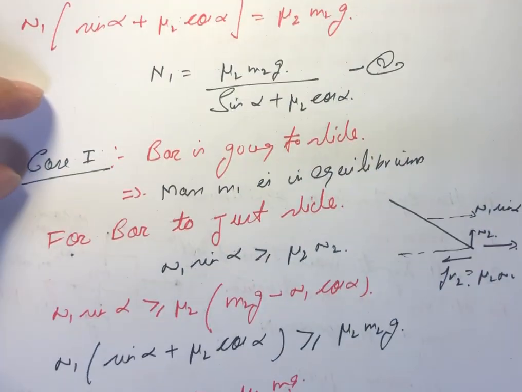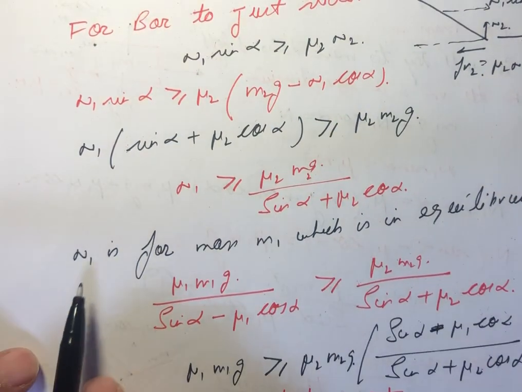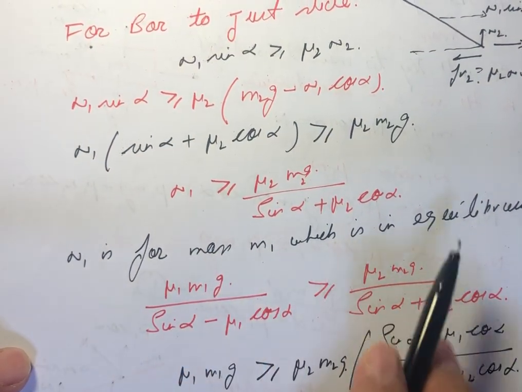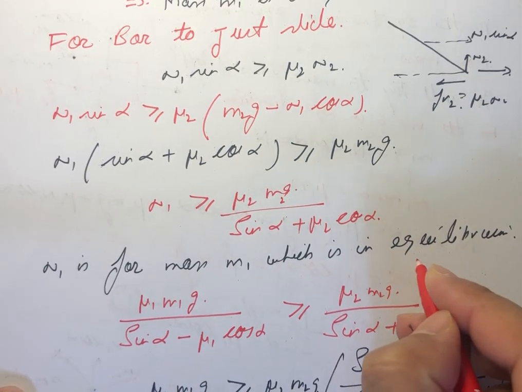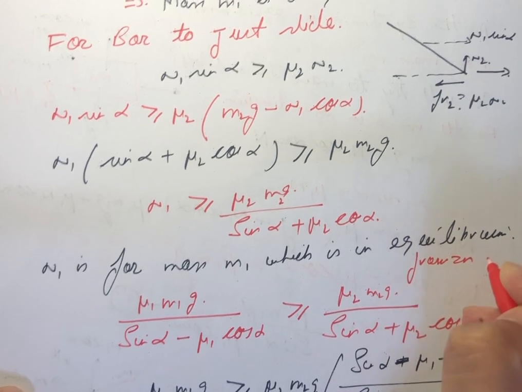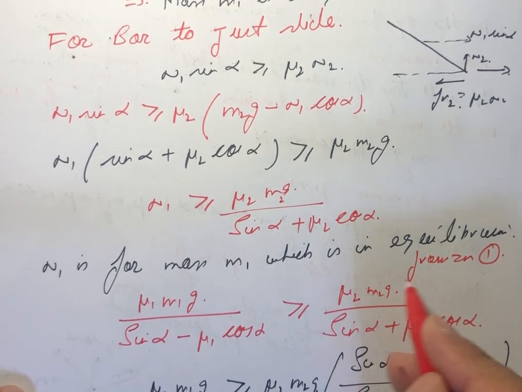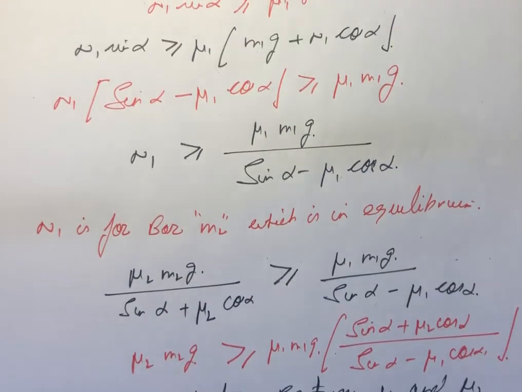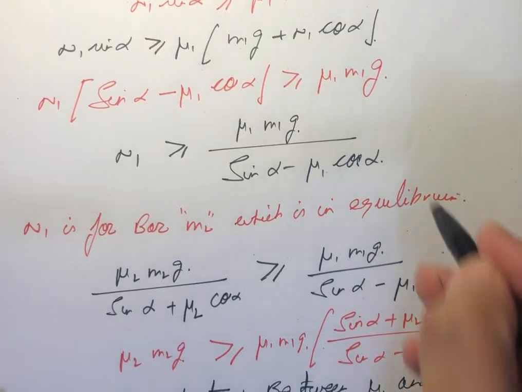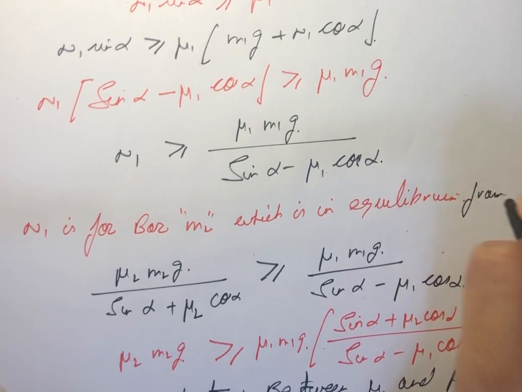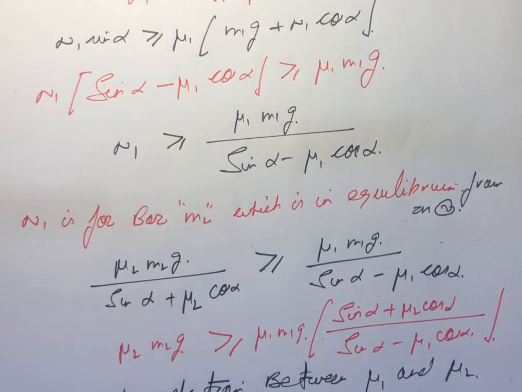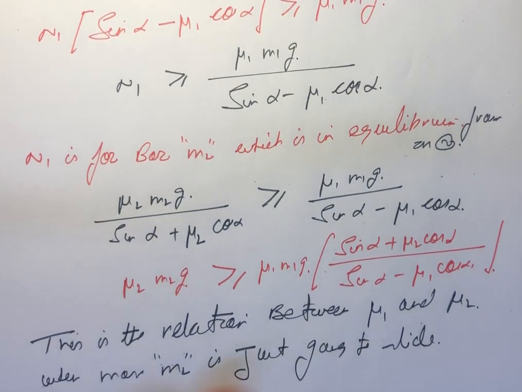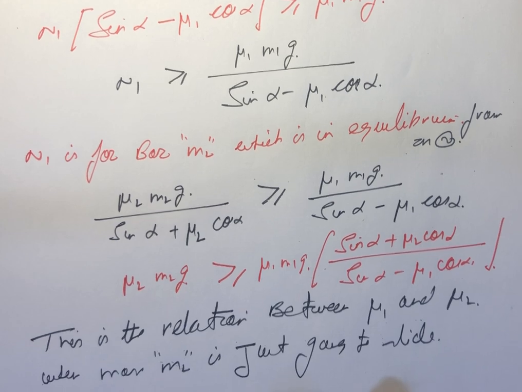Here I have written that n1 is for the mass m1 which is in equilibrium, but it can be written as from equation 1, and here from equation 2. This will be more clear. This completes the question. Thank you.